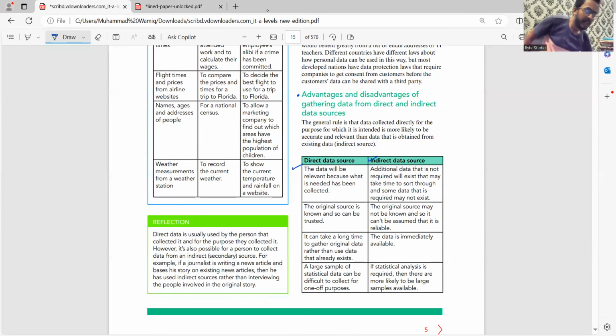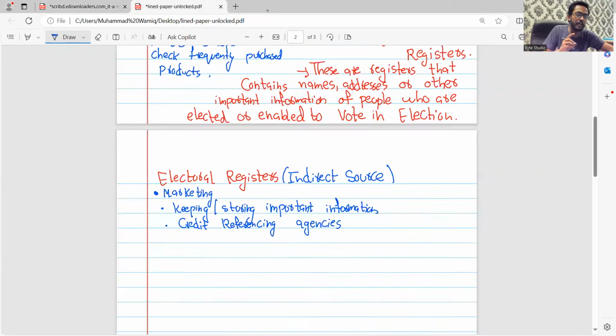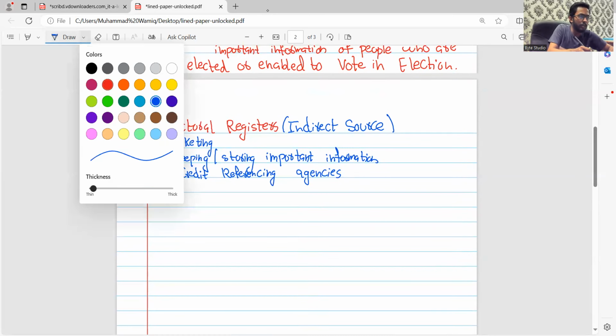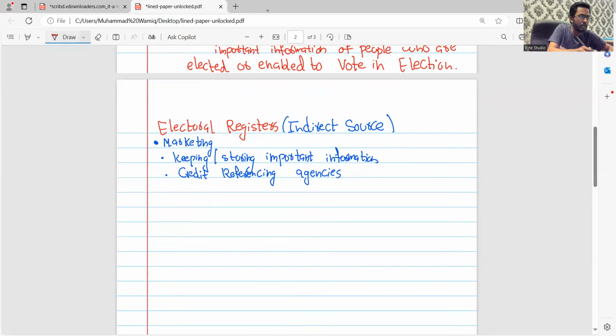First thing is that your direct data is going to be highly relevant, because what is needed is collected. You are not collecting anything that is not important. So I can write right here, in terms of your direct data and in terms of your indirect data.